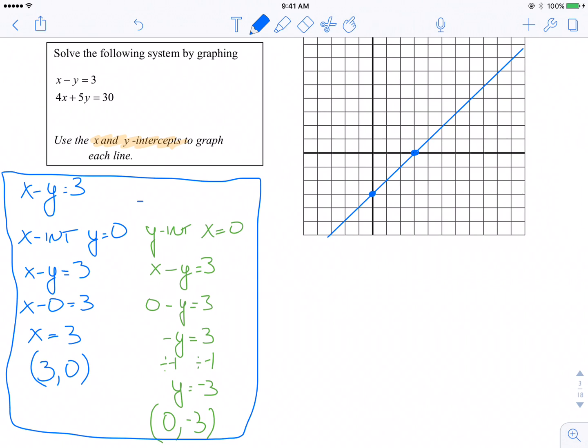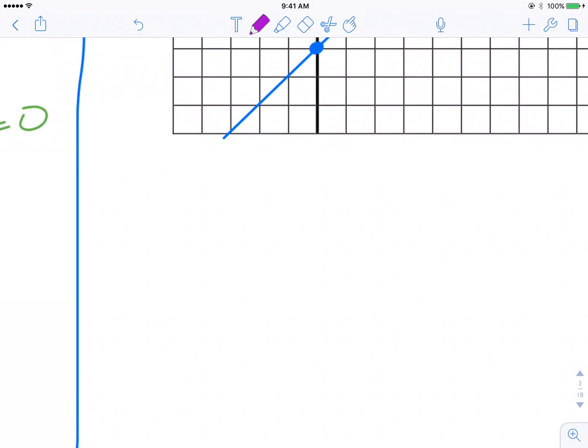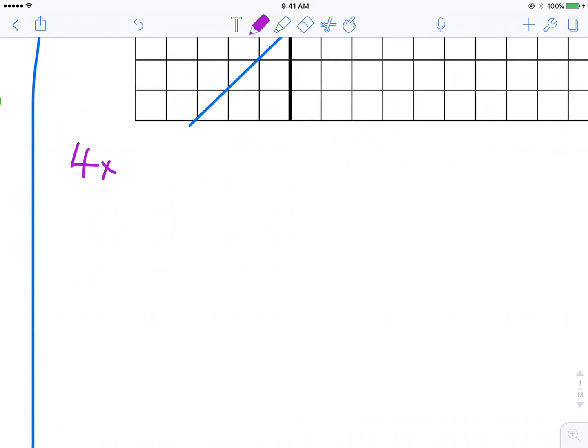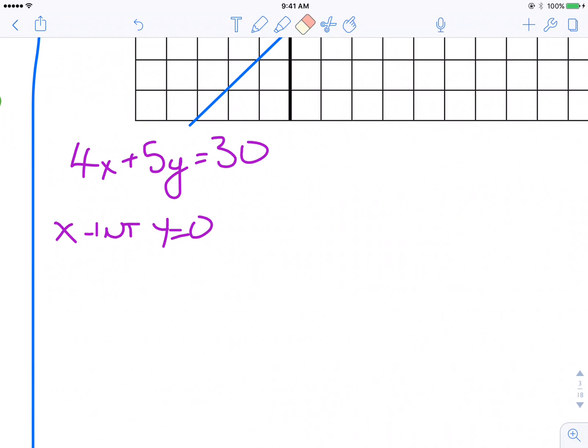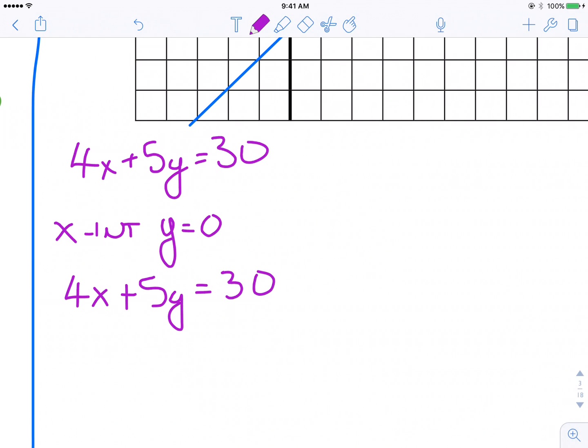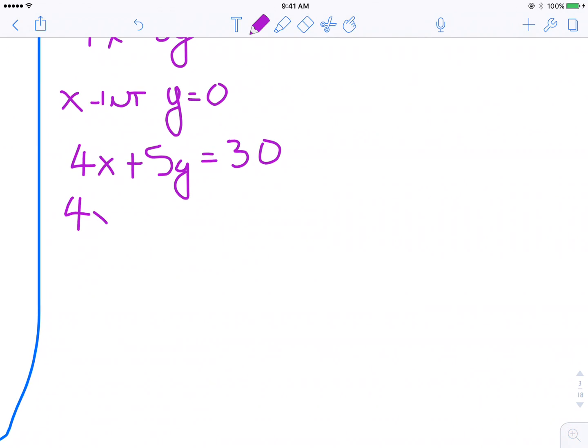Now I do the same process for my other line. I'll do this whole one in purple: 4x plus 5y is equal to 30. If I'm looking for my x-intercept, I know y is equal to 0. I substitute in 0 for y and continue to calculate.